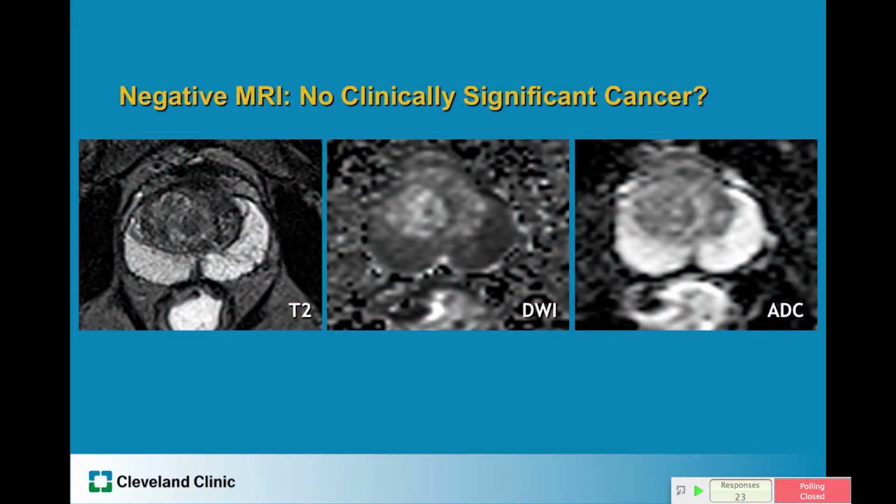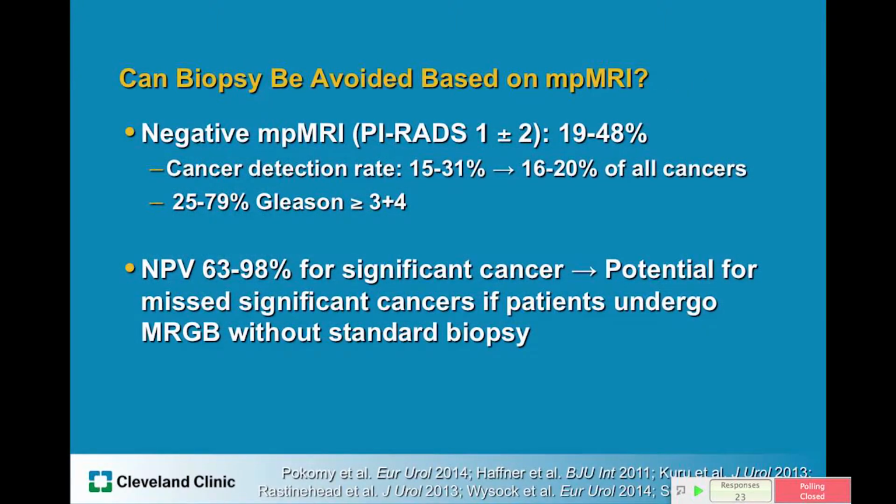So what about negative MRI? All of us have seen this. Patient has a suspicion for prostate cancer, elevated PSA, but the MRI is negative. Does that mean they do not have clinically significant prostate cancer? Well, a number of studies have looked at this, and overall, negative MRI, or PI-RADS 1 or 2, is seen in about 20 to 50% of patients in these studies.